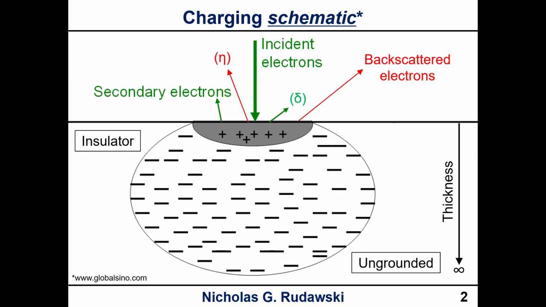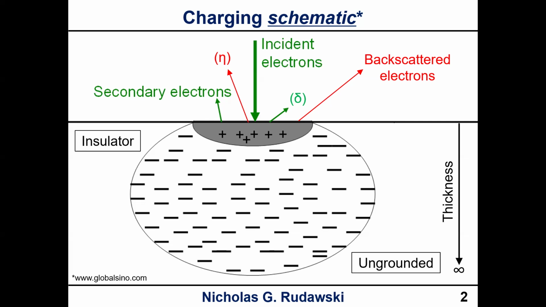My electrons can be backscattered, so they can actually leave the sample. And I can also have the case where my electron goes into the sample, but I also generate what are called secondary electrons from within the sample that also get ejected.